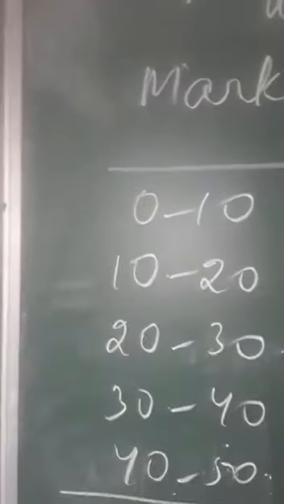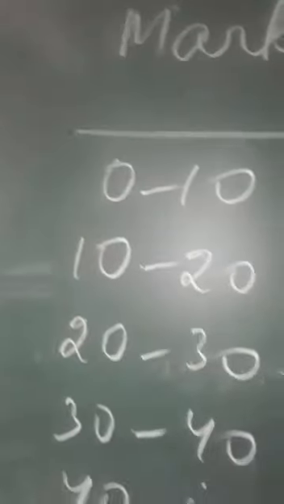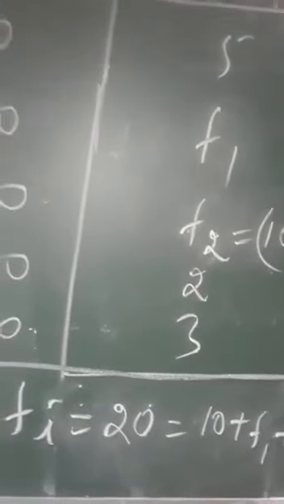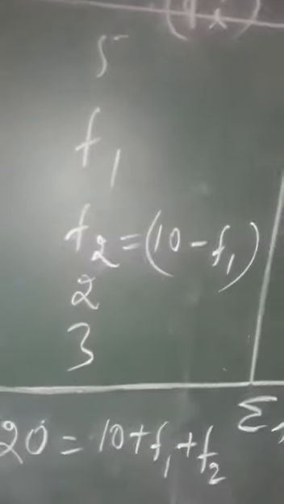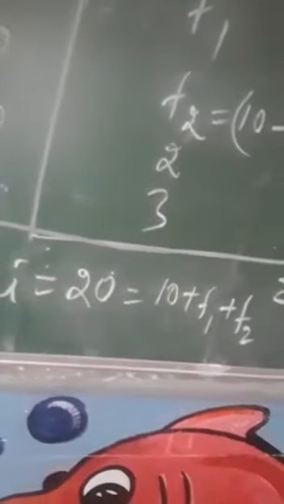We are given the class interval of marks 0 to 10, which contains 5 students, 10 to 20, which contains first unknown number of students f1, 20 to 30 contains f2, second unknown term of students, and 30 to 40 contains 2 students, and 40 to 50 group contains 3 students.